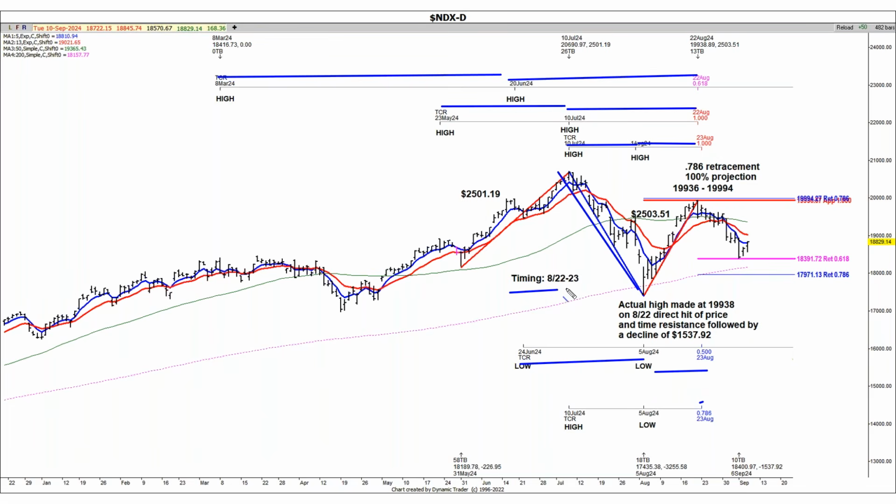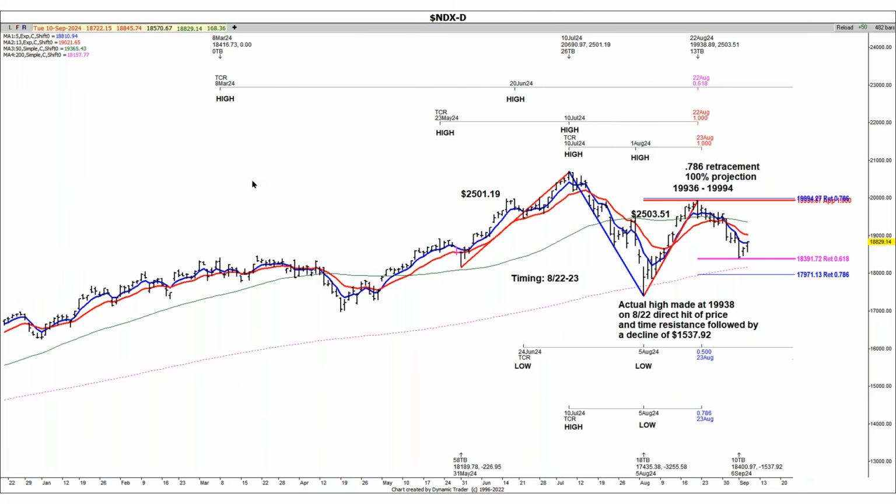So August 22nd through the 23rd, we had timing. We were going straight up into the time window. We also had key price resistance come in, 786 plus symmetry. And again, a really healthy rollover of 1537 off of timing. Well, actually, it's time and price.